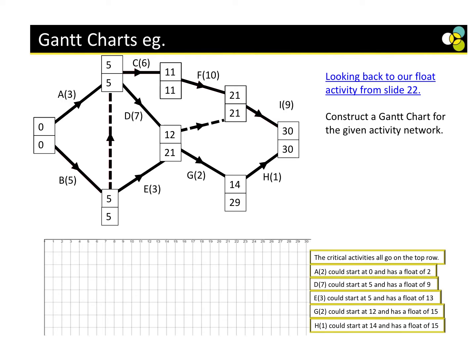Now, we know that our critical path is where we have, to use a technical term, a float of 0. Or in other words, when the early event time is equal to the late event time.